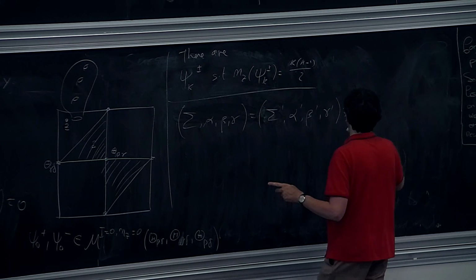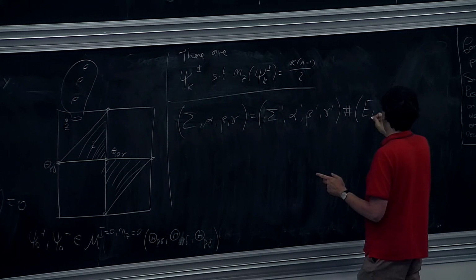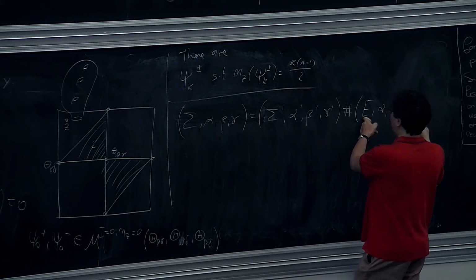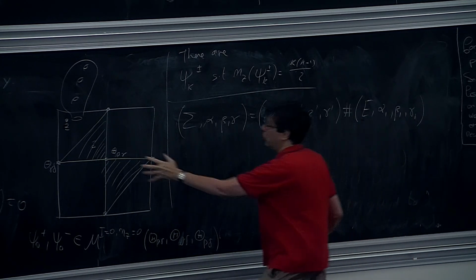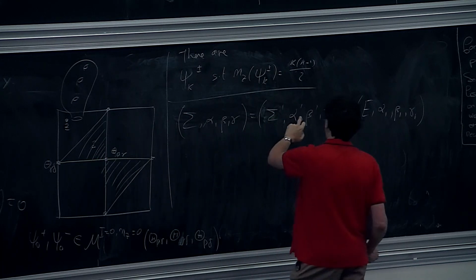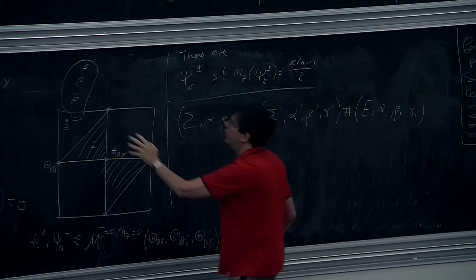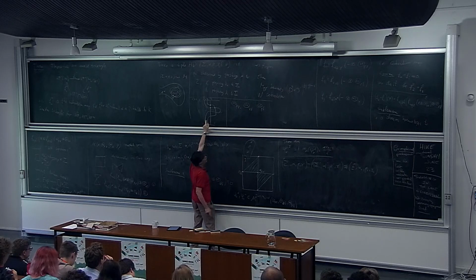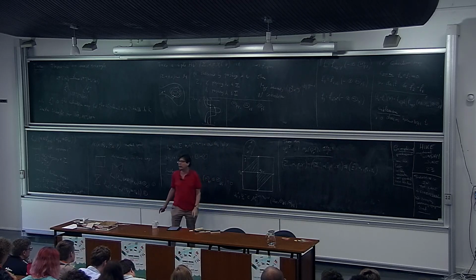So our diagram is a direct sum, a connected sum of two diagrams. This one, E alpha 1 beta 1 gamma 1 is what you see here. And sigma prime alpha prime beta prime gamma prime is something here where all curves look like this. Plus the alpha will do something.